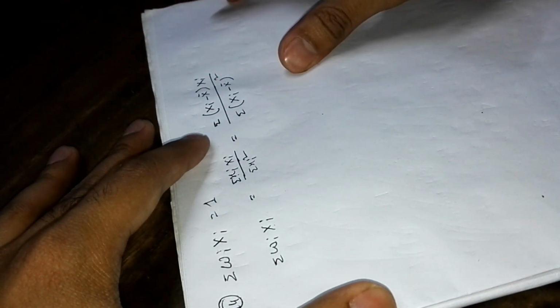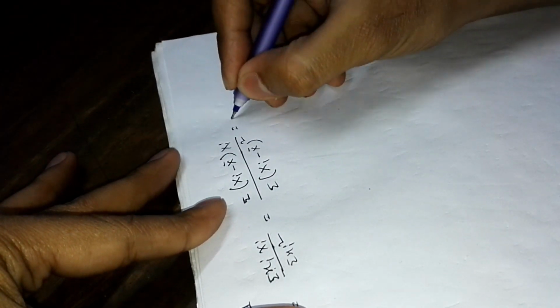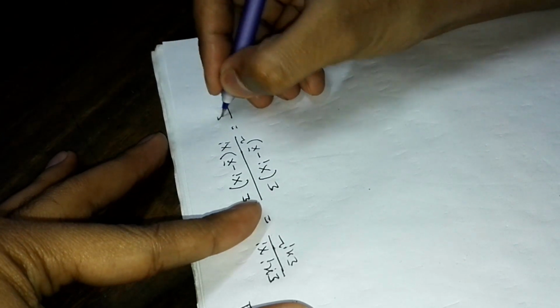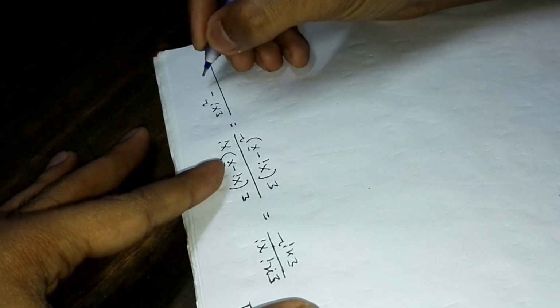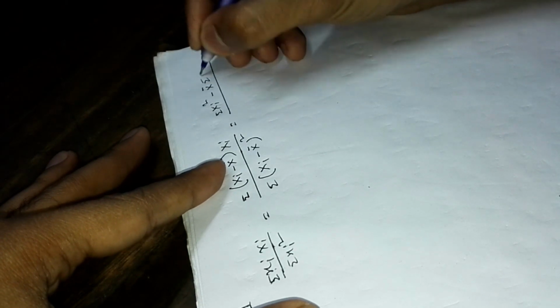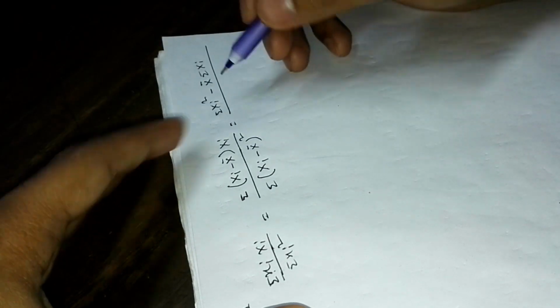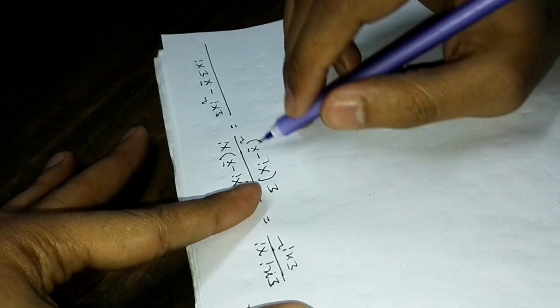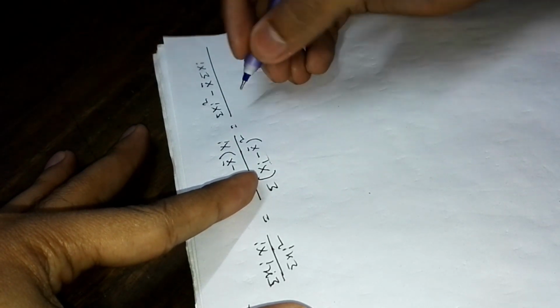Let's extend this. Xi into Xi gives the summation of Xi square, minus x bar times the summation of Xi. So this is the upper portion. Let's check this. We know the a minus b whole square law, so we're going to apply it.